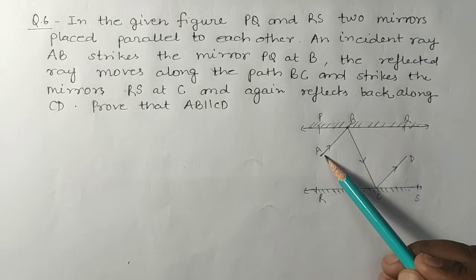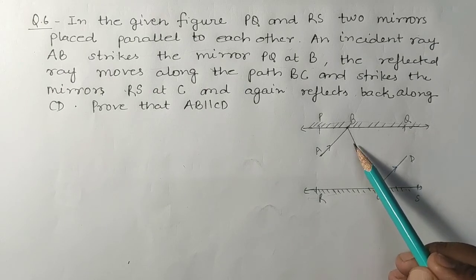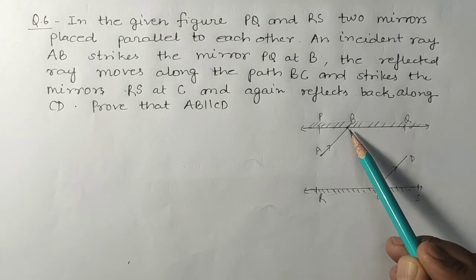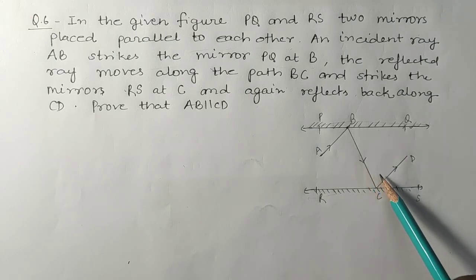Okay, and because of it is reflected. Because of this mirror it is reflected, and it has gone in the path of BC.